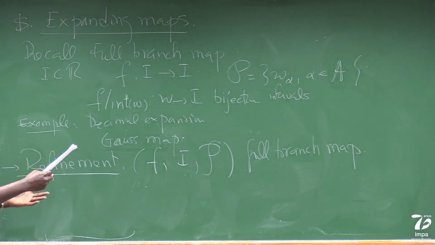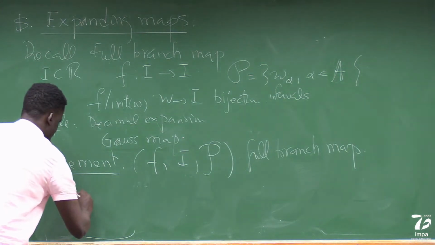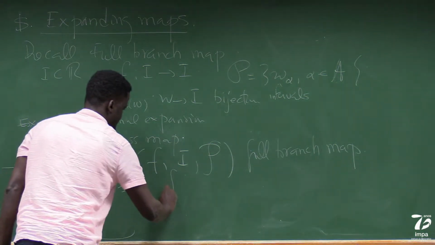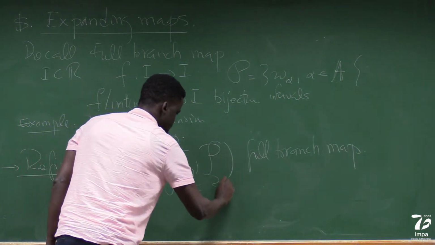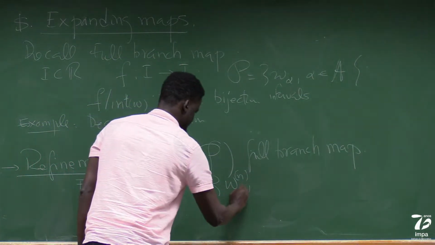Now for every n greater than 1, you can define a partition Pn, with elements omega n alpha.